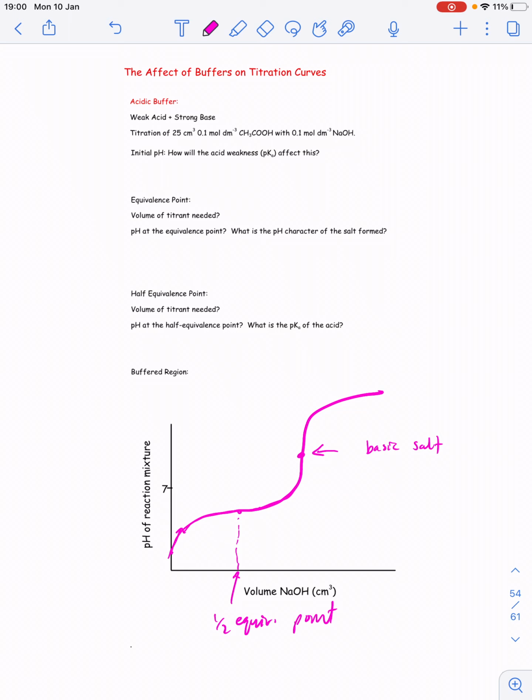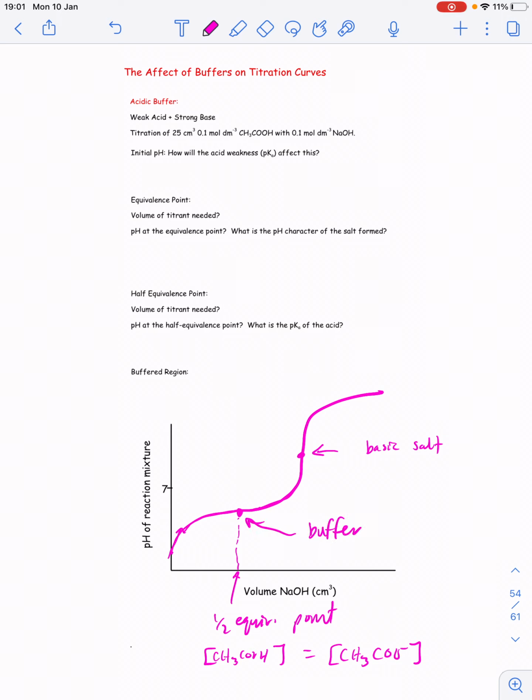And at the half equivalence point was where we have equal moles of CH3COOH, the weak acid, and we've produced the same amount of its conjugate base. And so at this point, notice that around this point, the pH has kind of leveled off. It doesn't change much. That's because at the half equivalence point, you've created a buffer.